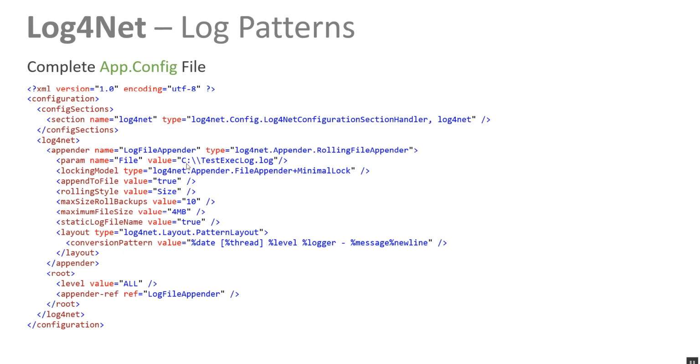Here you can see the path in which your log will be generated. You can change it as per your requirement, and here is the conversion pattern or the log pattern. Firstly the date will be recorded, then thread, then log level, then logger dash message. So the log will be written in this pattern.